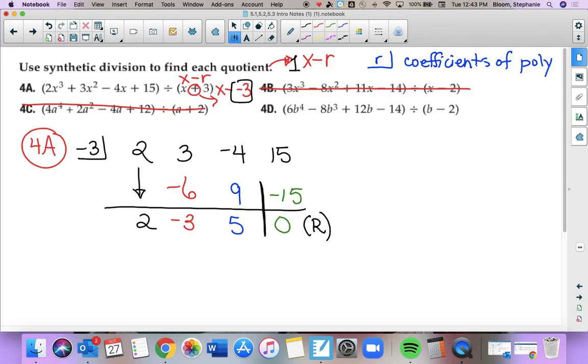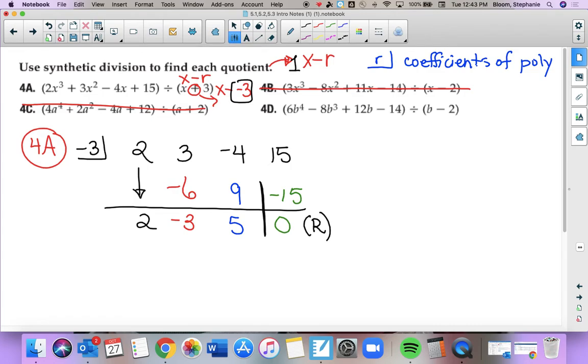So remember, these are just my coefficients. So I need to take those coefficients, and now I need to put variables to them so that I have my answer. So here's what you have to pay attention to. This time I started with an x cubed, right?